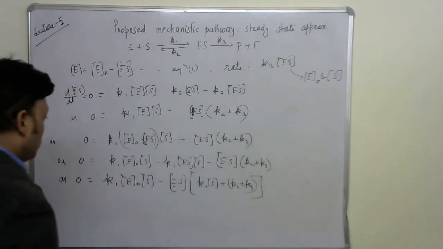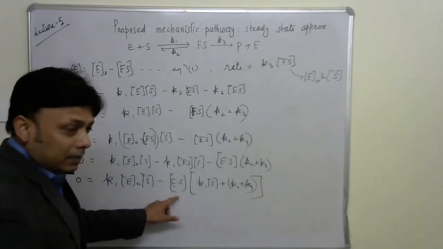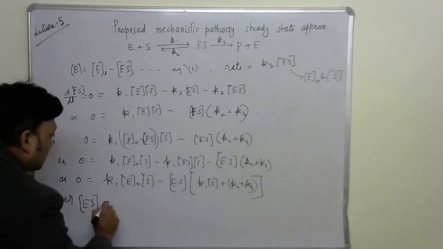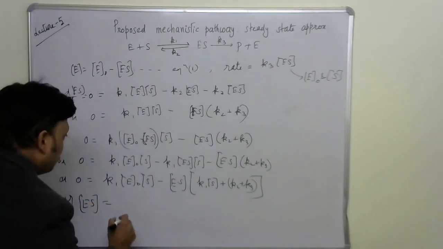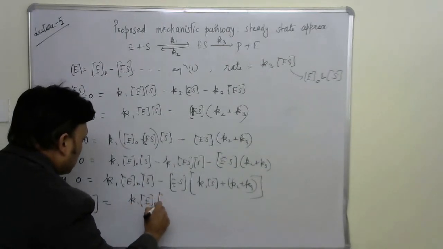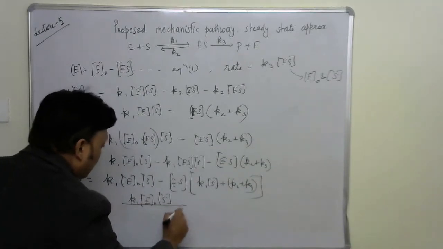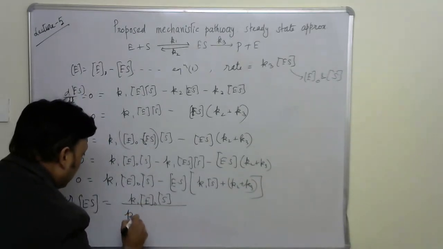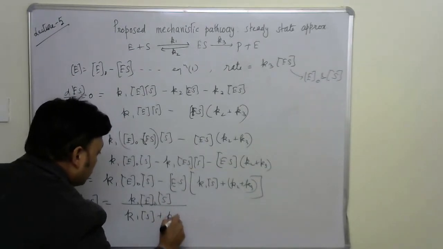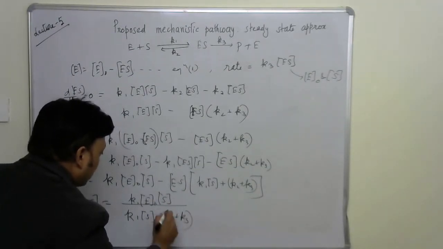Now we can find ES is equal to K1 E naught multiplied by S divided by (K1 S plus K2 plus K3).